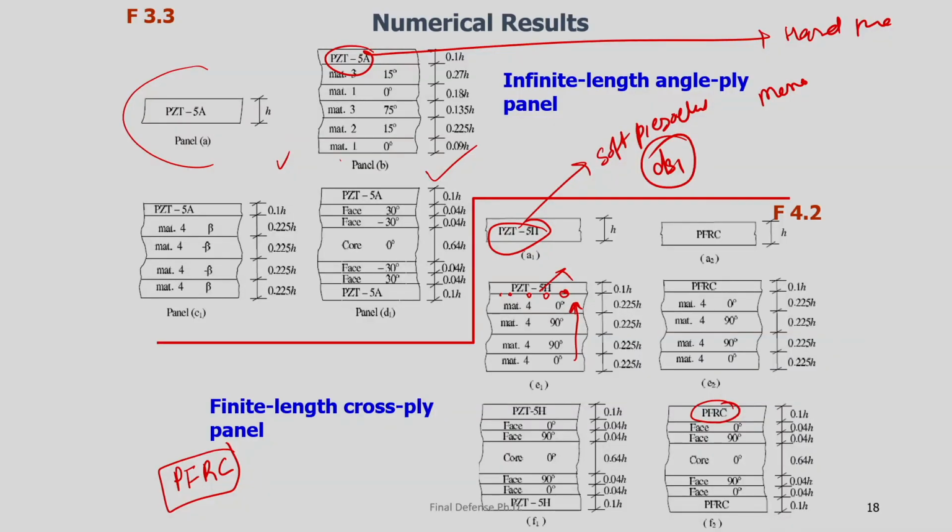PFRC is still a concept, where similar to glass fiber we have a piezoelectric fiber and epoxy matrix, so that we have a flexible laminate with no cracking. But the actuation is lower because the dielectric constant becomes low. These days researchers are working in this direction, to get a high piezoelectric constant so that the same level of actuation can be obtained as with PZT5 or PZT5H.